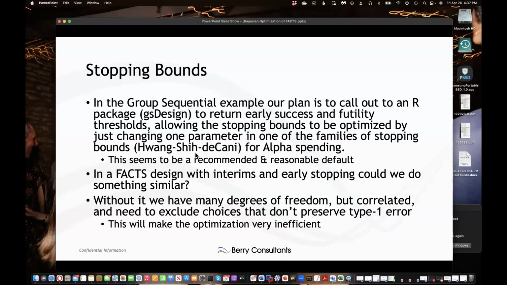We're going to use the quite popular Hwang-Shih-DeCani family for alpha and beta spending, which is the recommended default in the gsDesign R package.